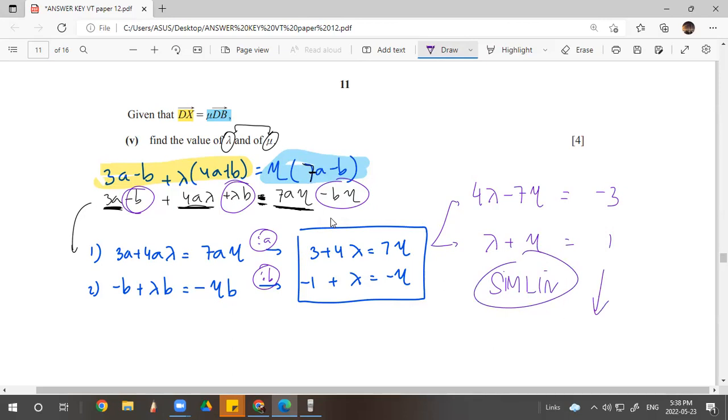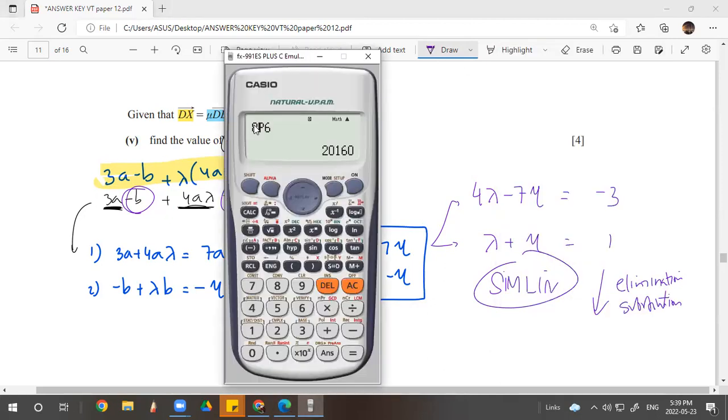Can you do it, Barsas? Either it is elimination or substitution. Can you do it? Yeah, I think so. Okay. Substitution. So I'll do it for you. I use the calculator. I'm too lazy. Mode 5, 1. For negative 7, negative 3, 1, 1, 1.